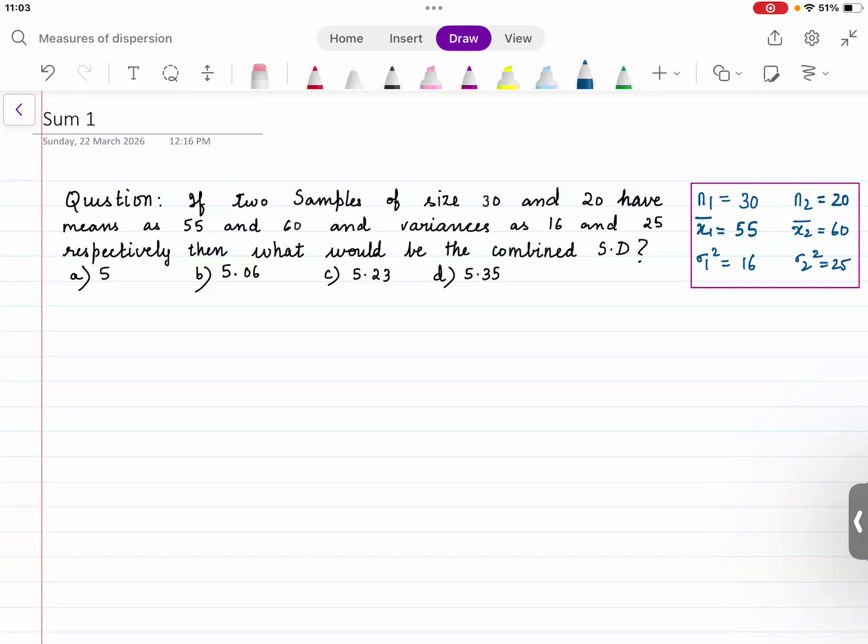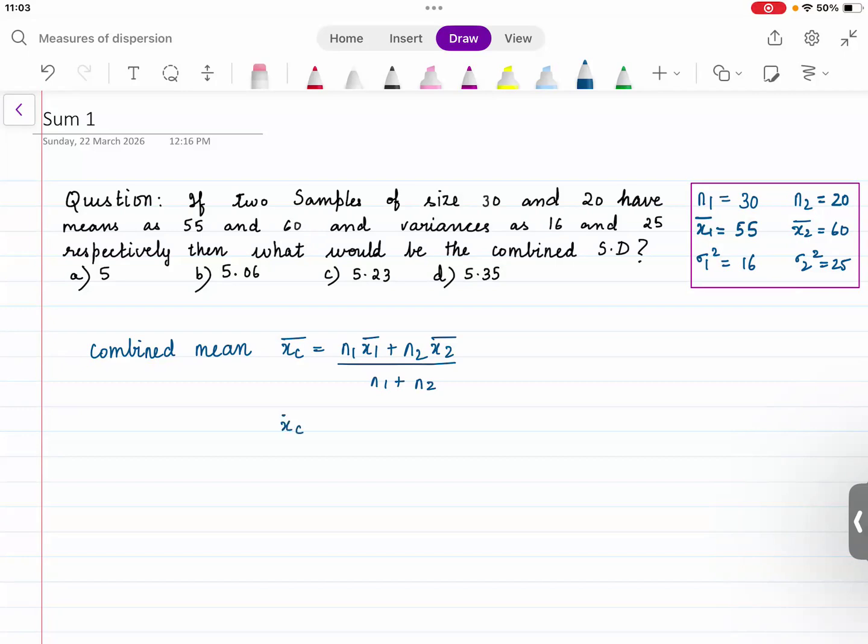So now let us do the first step. First step, we have to calculate the combined mean. So combined mean is denoted as xc bar, which is equal to n1 x1 bar plus n2 x2 bar by n1 plus n2.